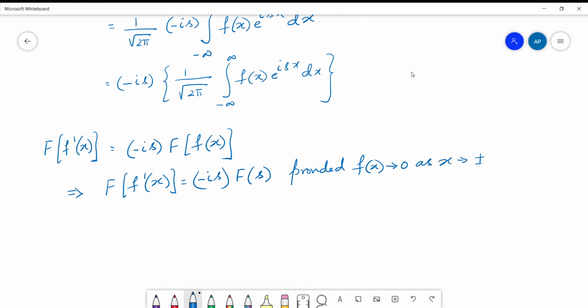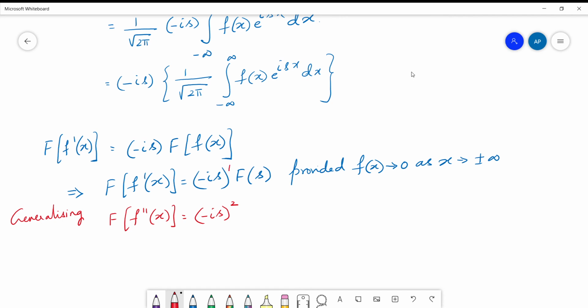Now this can be generalized. Now we have derived it for the first order derivative. Now generalizing this, you can do it for f double dash, f triple dash. So this becomes Fourier of f double dash of x. What will it become? It will be minus is the whole square. You see, when it is the first derivative, it's to the power 1.